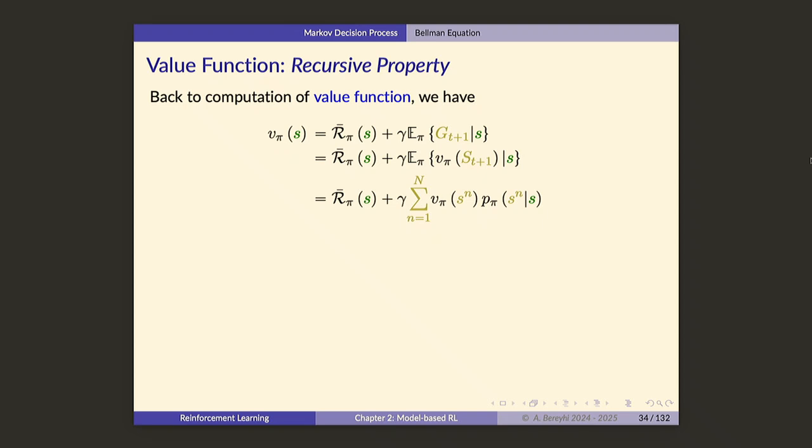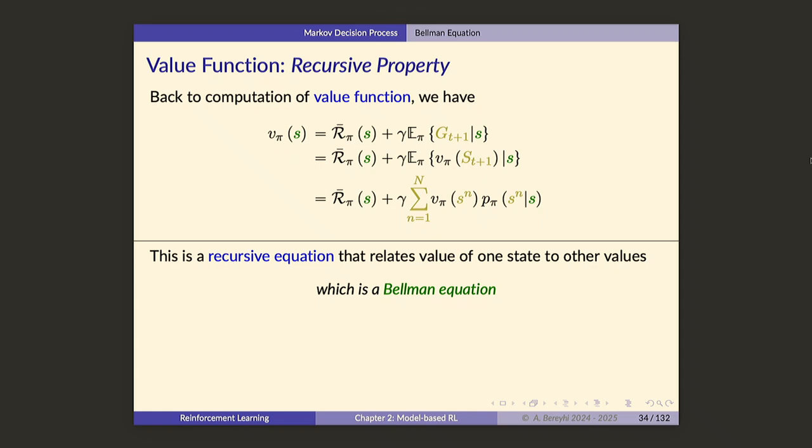So now, if you didn't follow what I was doing, that's okay. Take it from this point on. Let's say that this equation is correct. I tried to show you that this equation is correct, but if you don't see it right now, you can take your time later to check how this is correct. Now, this equation is what we call the Bellman equation.